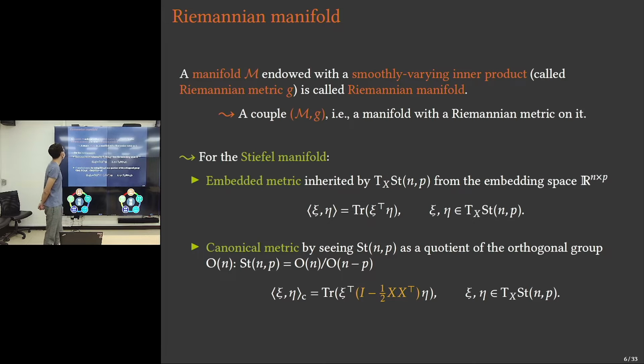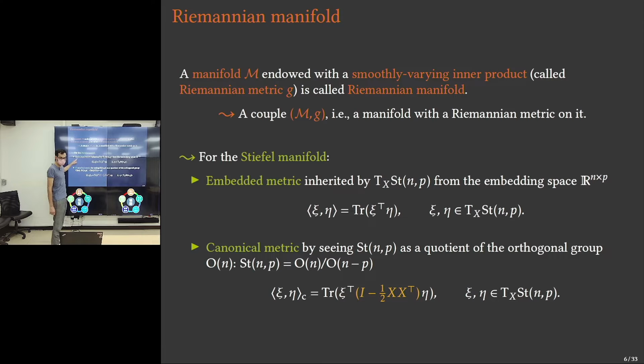As we have seen last time too, a Riemannian manifold, strictly speaking, is a manifold with a smoothly varying inner product on it, which is called the Riemannian metric. Classically it is denoted by G, but we have many other notations. For the Stiefel manifold, we have seen two possible choices.